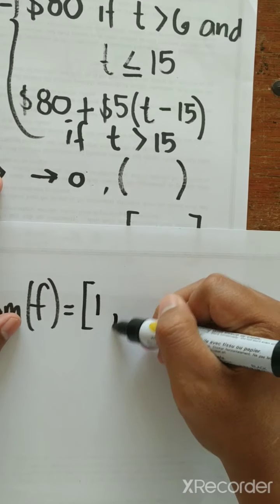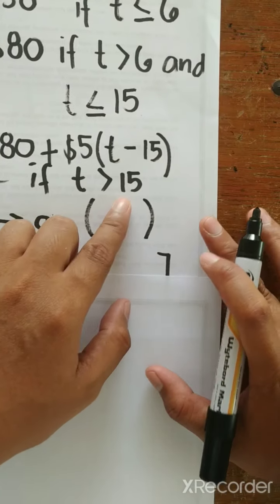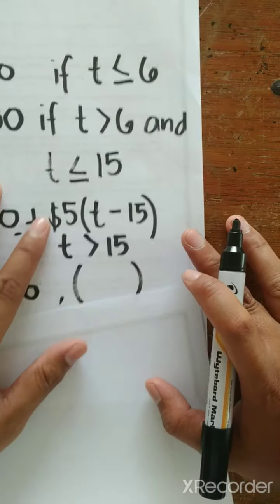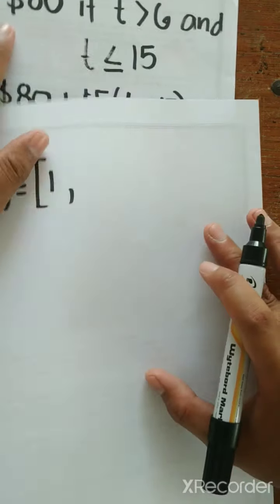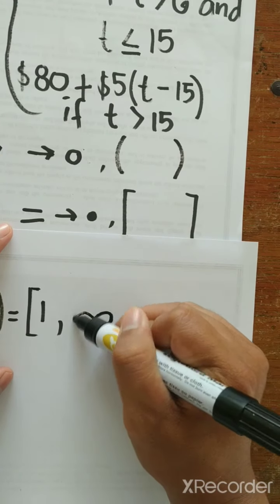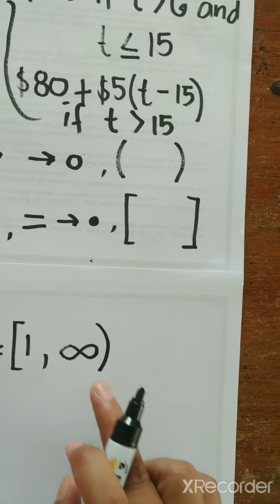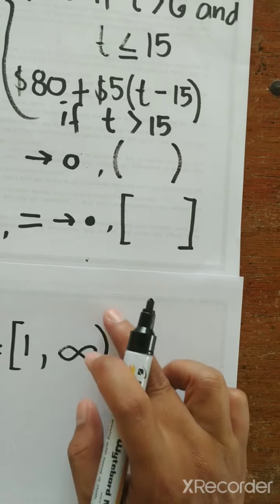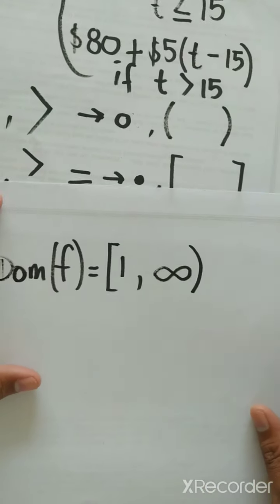So we'll have 1, and we'll have a comma. The greatest one is, what is the maximum time that could be? We have over 15, so it could be 16 and so on and so forth. So we'll have positive infinity, and we'll have a parenthesis for that because it is greater than. Okay, so this will be our domain.